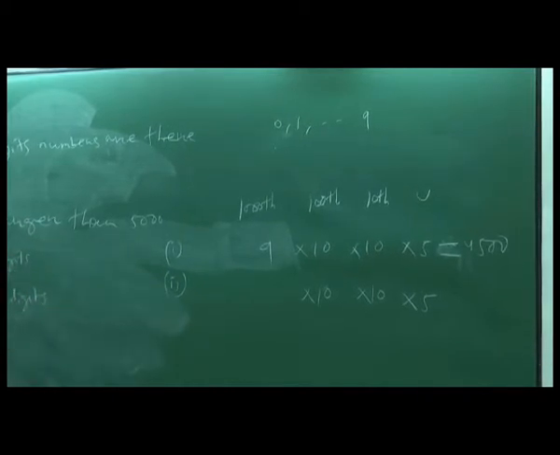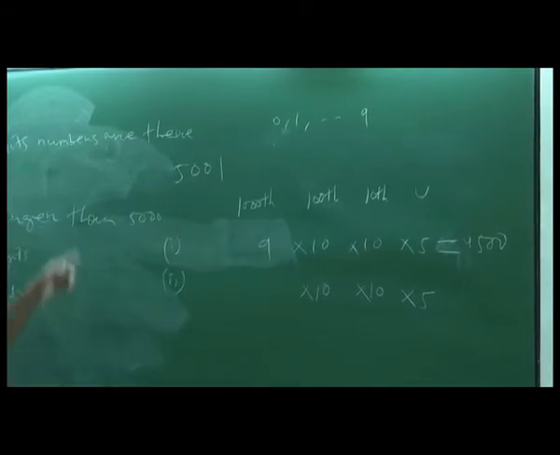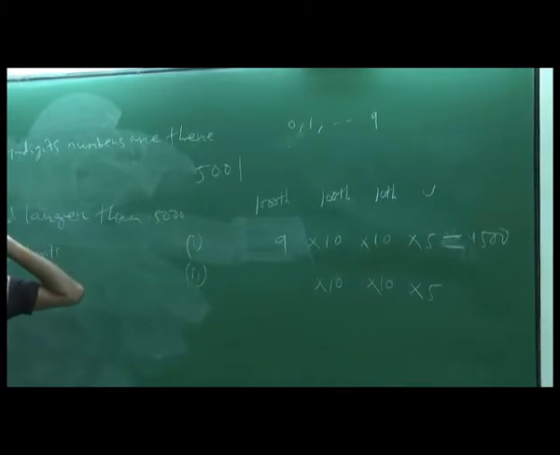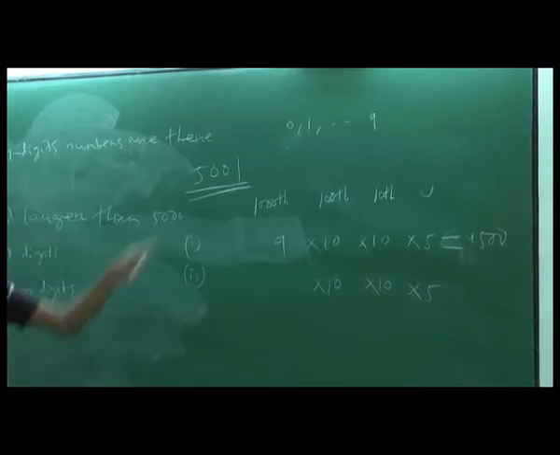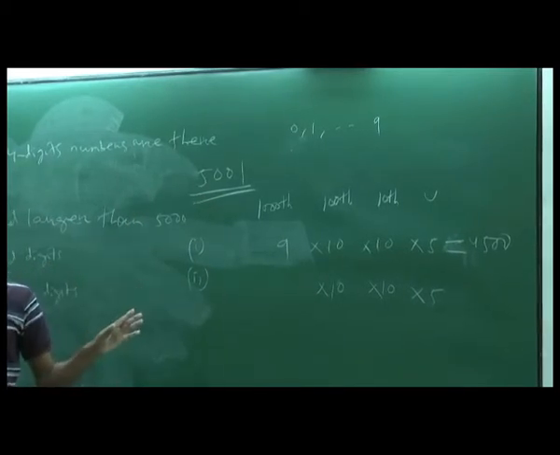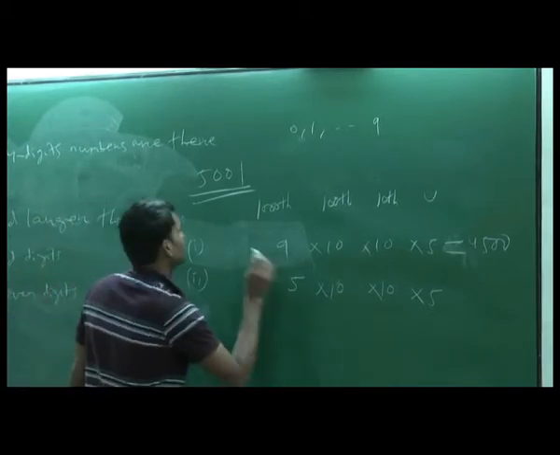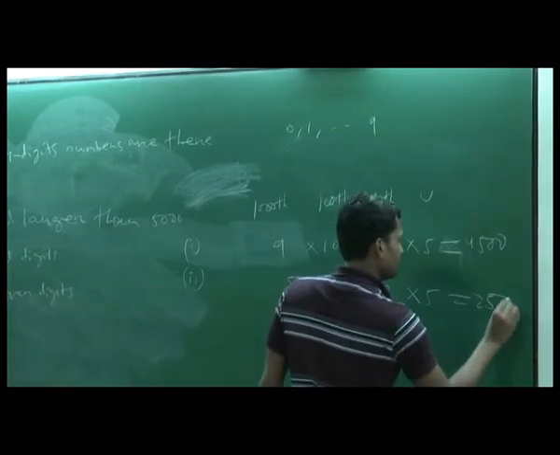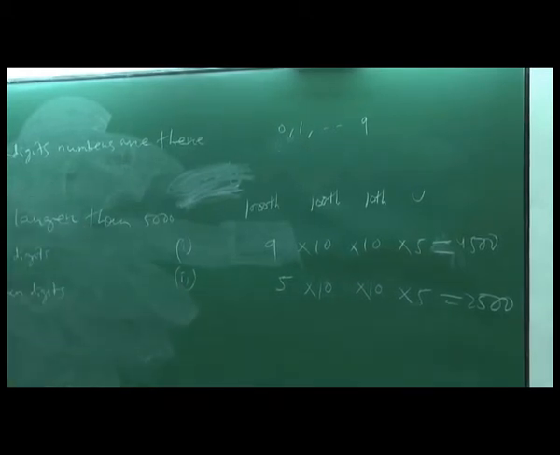If we can construct 5,000 itself, we should also include 5, so 5 ways. So how much is it now? 2,500, right?